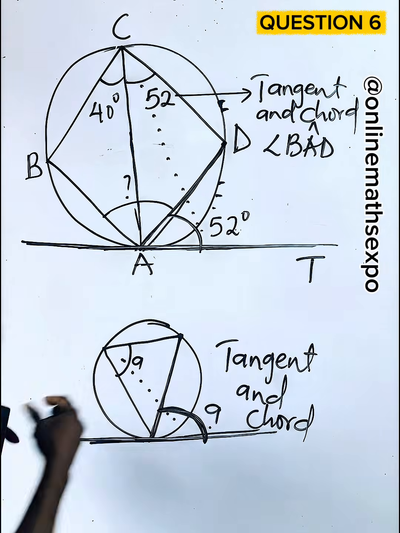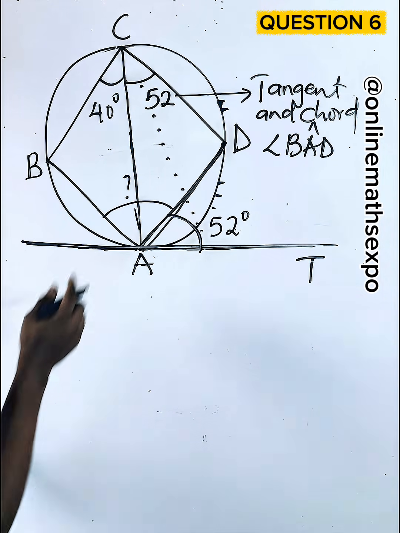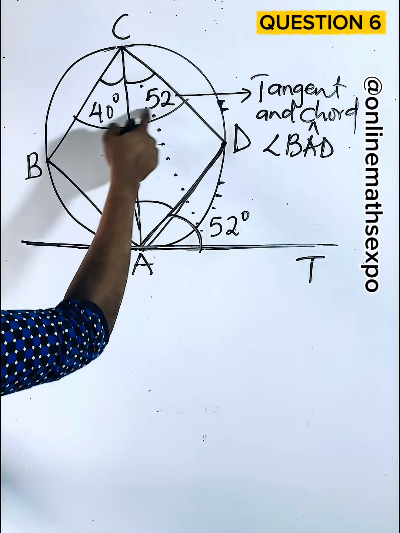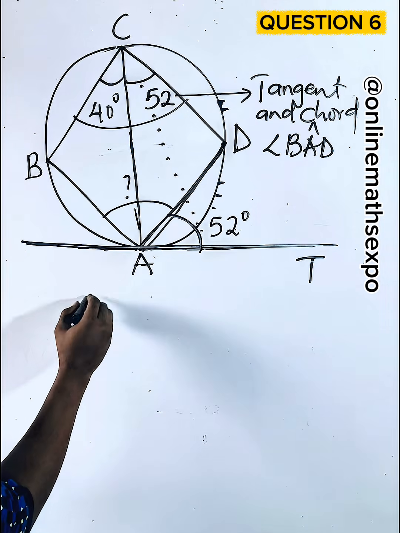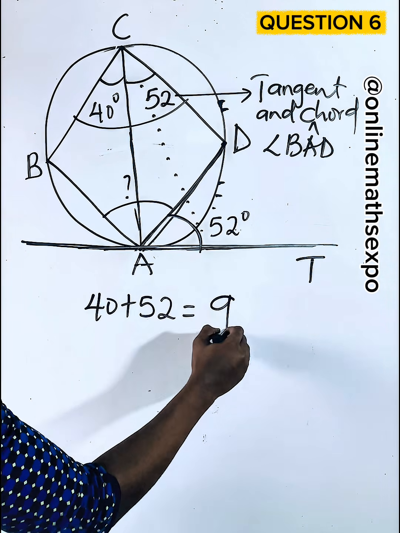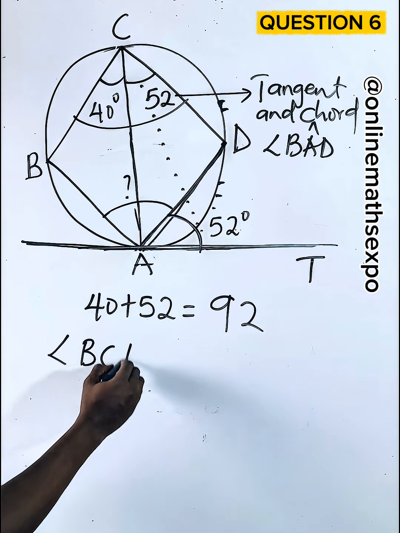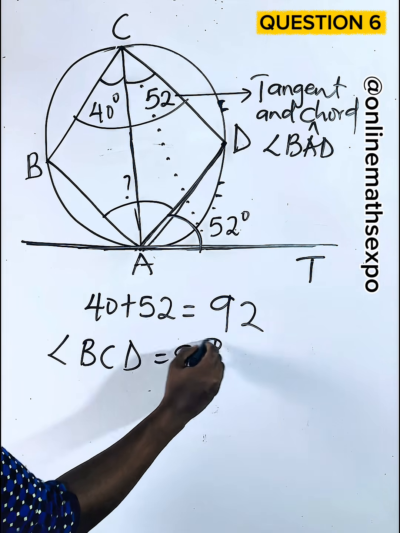Now, having done this, what do you do next? You remember that the whole angle at C is obtained by adding these together. So 40 add 52 will give me 92. So we can say that angle BCD is equal to 92 degrees.